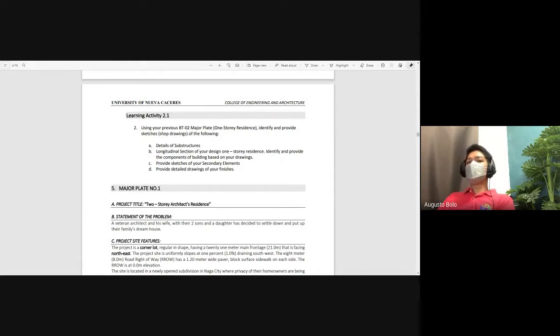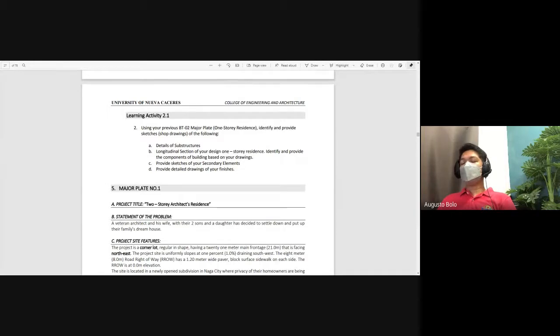All of the drawings that you can provide via, of course, submission. Take a photo of that, and then also on a long size bond paper, you will identify those details of the substructure, and then identify and provide the components.